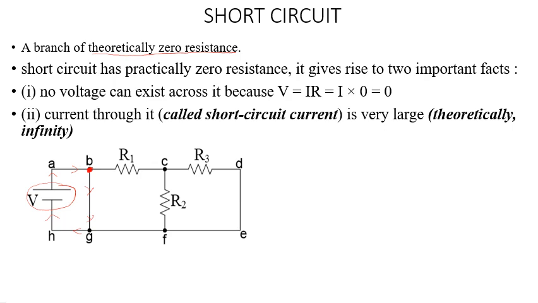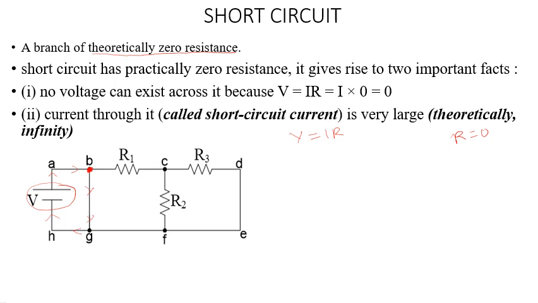So when we say short circuit, we are saying zero resistance, meaning our resistance there is equal to zero. And from Ohm's law, V equals IR.